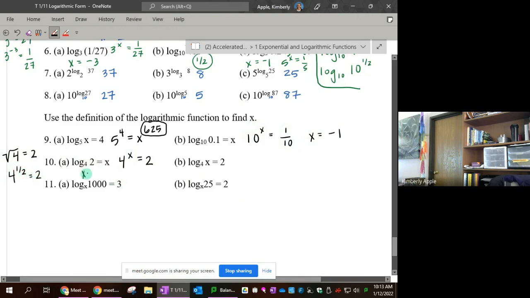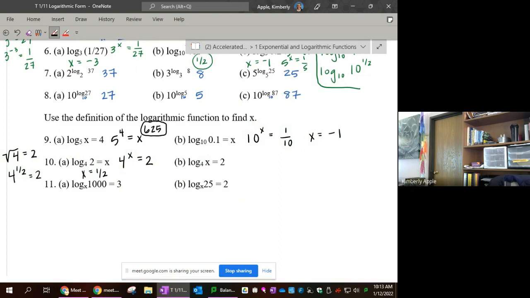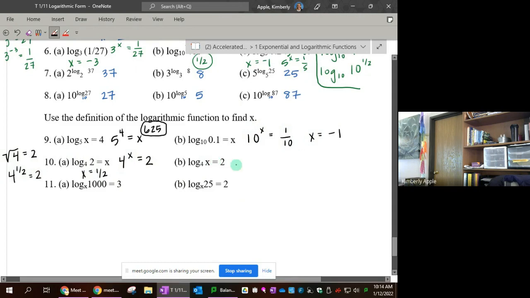So x in this case would be 1/2. Then for b, this would be 4 to the 2nd power equals x. So x would be just plain old 16 in this case.